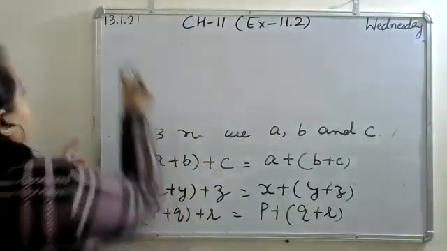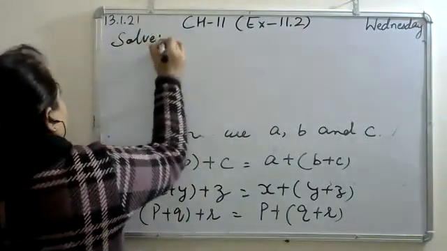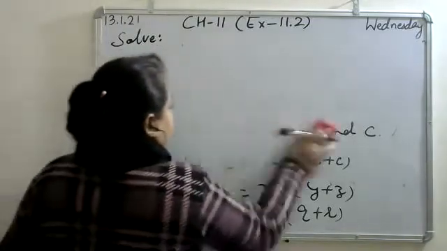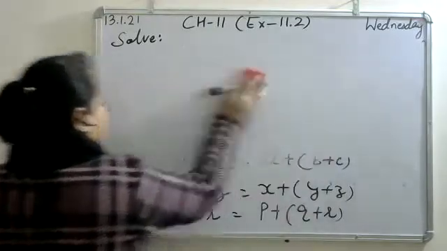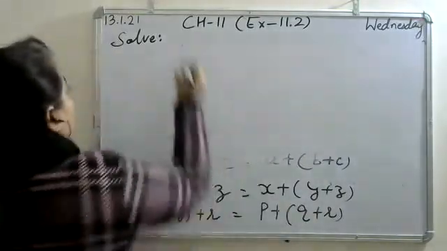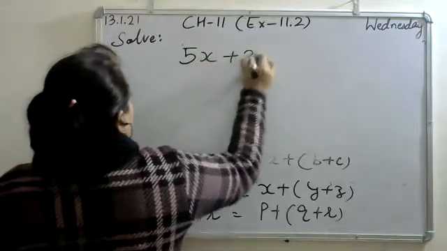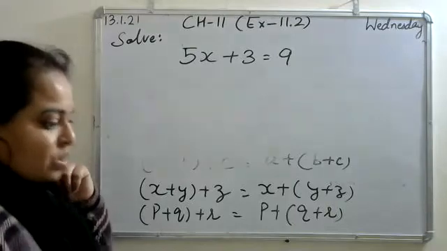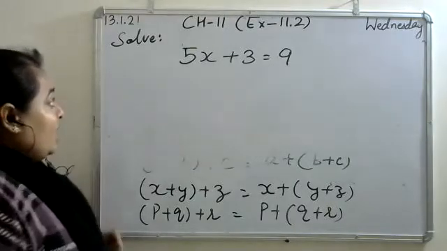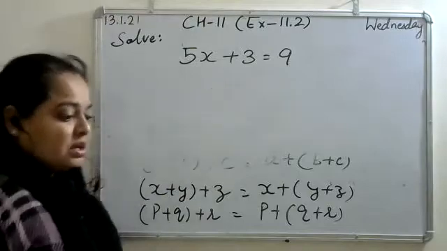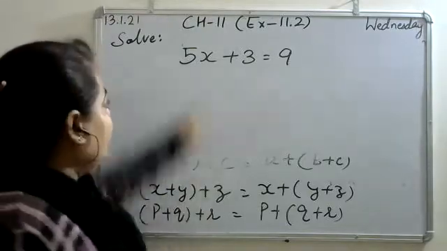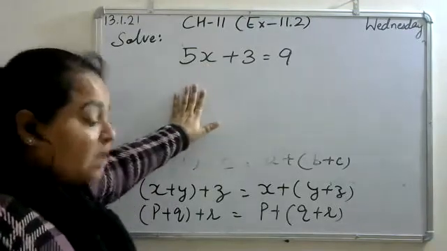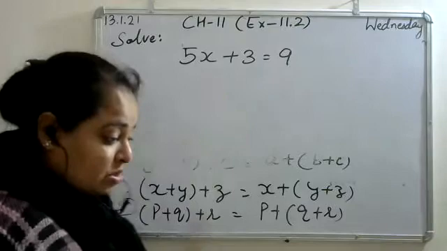If my question is, solve 5x + 3 = 9. Now tell me how we can solve this sum. Students, raise your hand. In algebra, if my question is solve, this means find the value of x. Then how can you solve this sum? This is a very important concept.